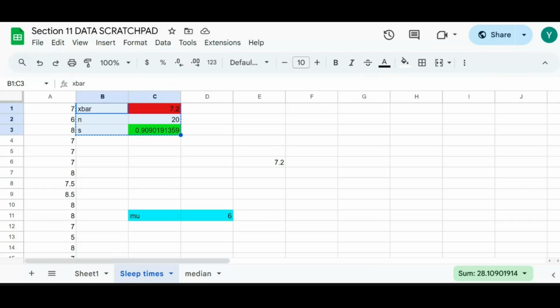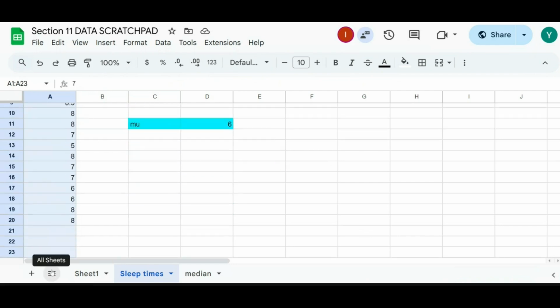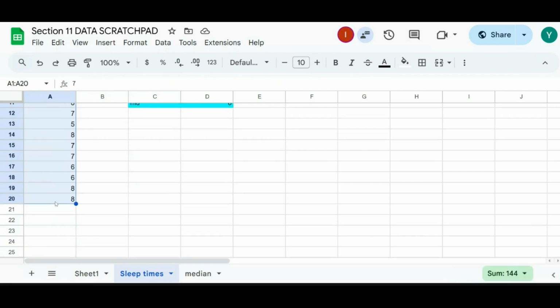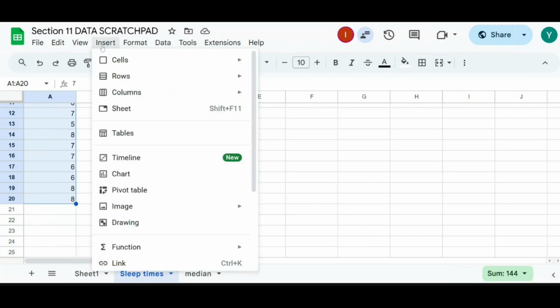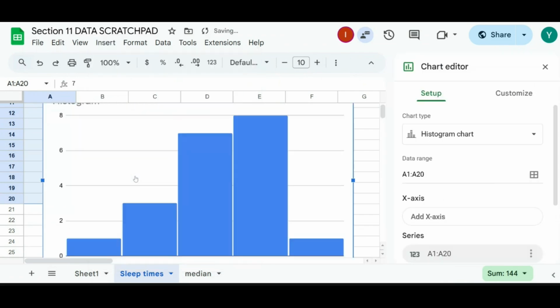All right. So if you want to make a histogram for our class sleep data, here's what you do. Just select the cells for which you want to make a histogram and do nothing else first. Select them. You actually go to insert chart. See, AI, so clever.